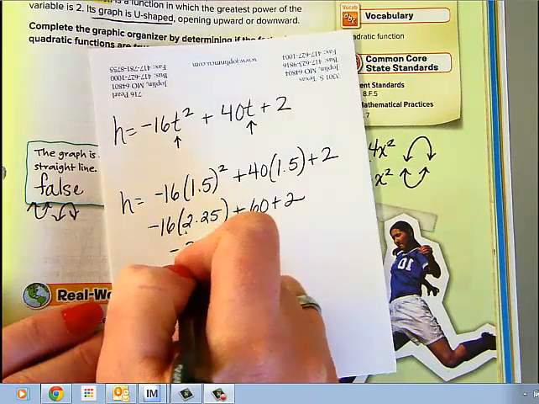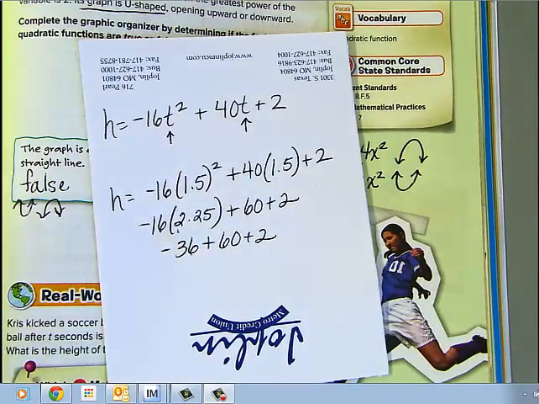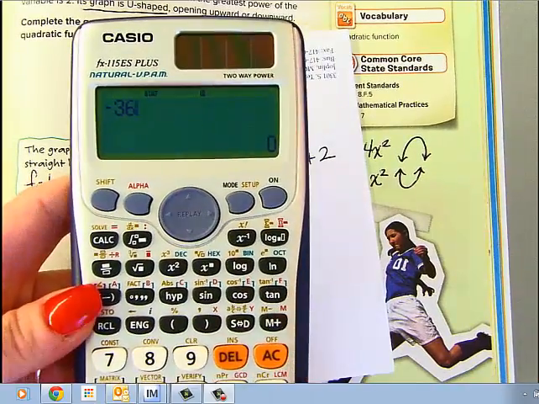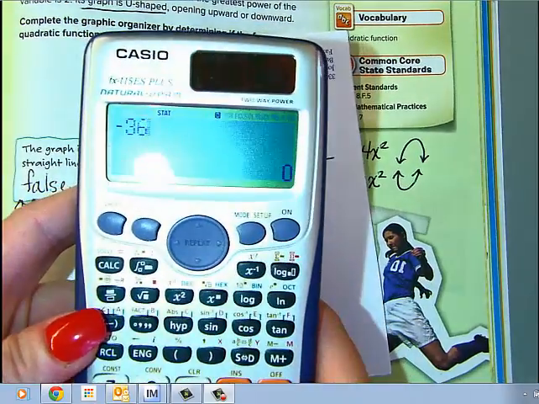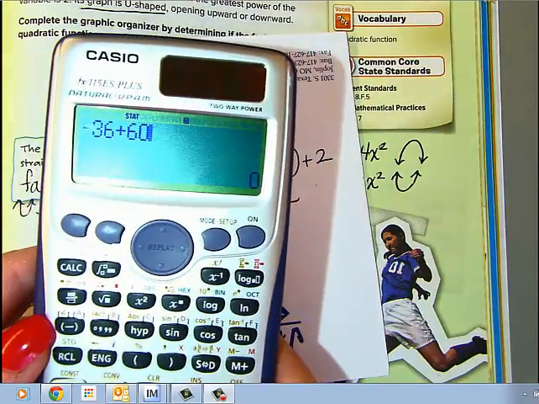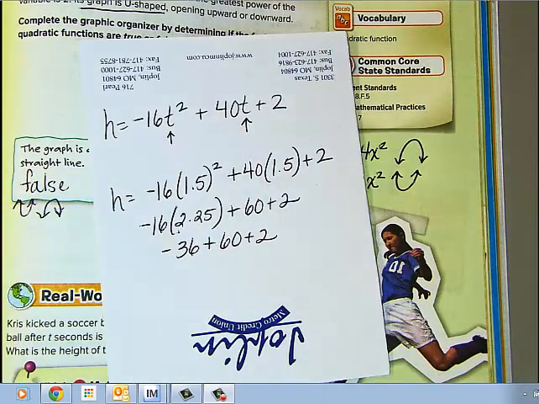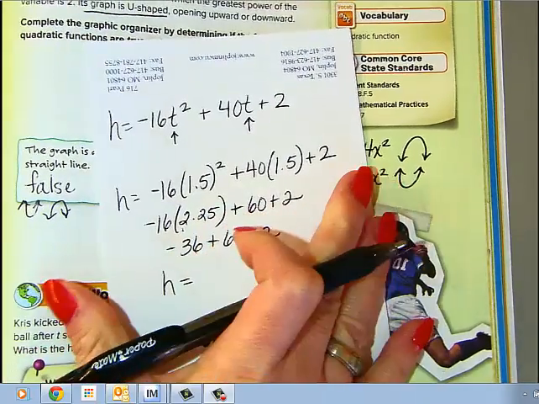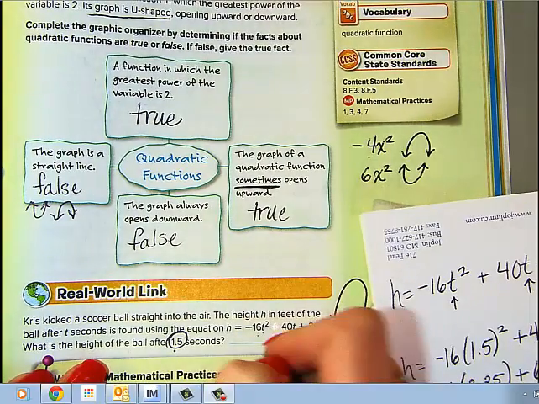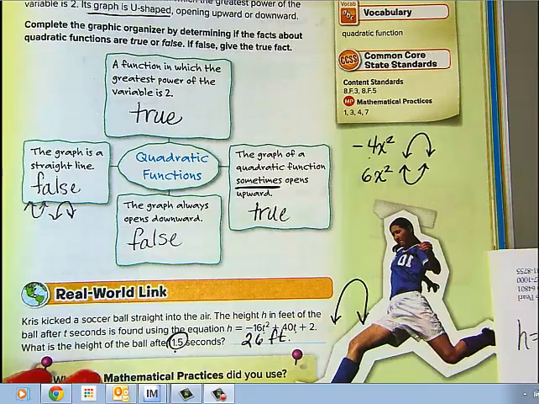So I have negative 36 plus 60 plus 2. And let's work all that out on our calculator. I have a negative 36 plus 60 plus 2, and that equals 26. So after 1.5 seconds, the ball is 26 feet in the air. Okay?